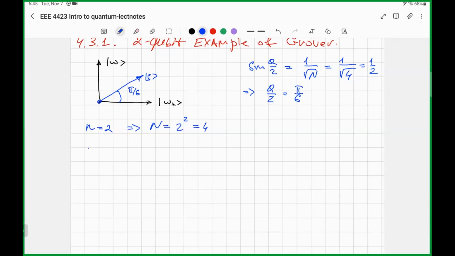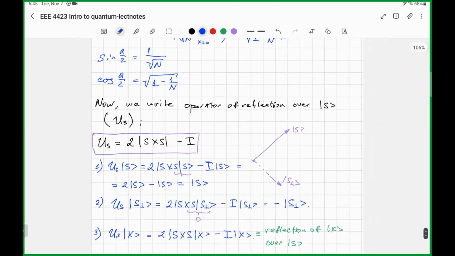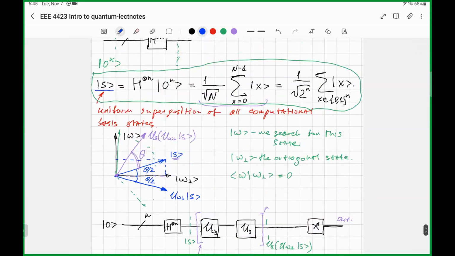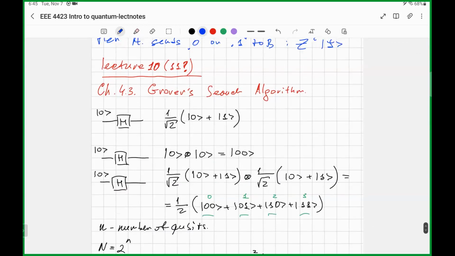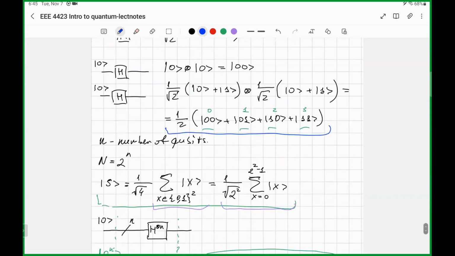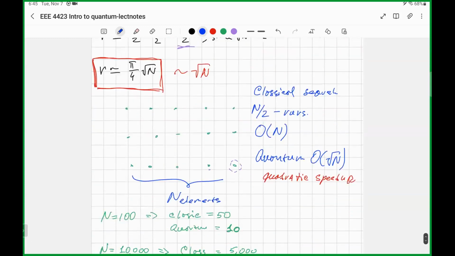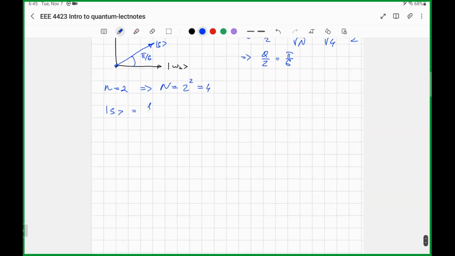The superposition state in this case, as we derived today, is 1/2 times the combination of all the computational basis vectors 00 plus 01 plus 10 plus 11.